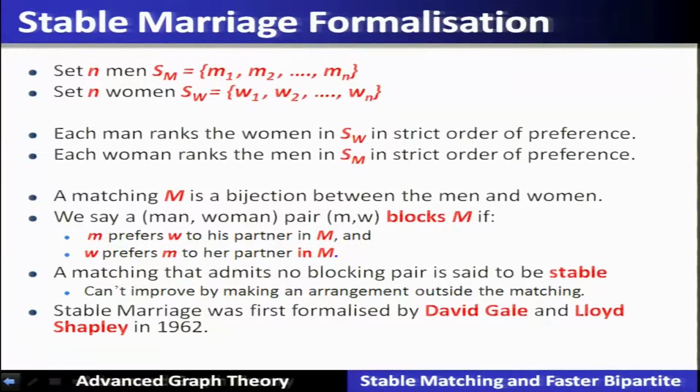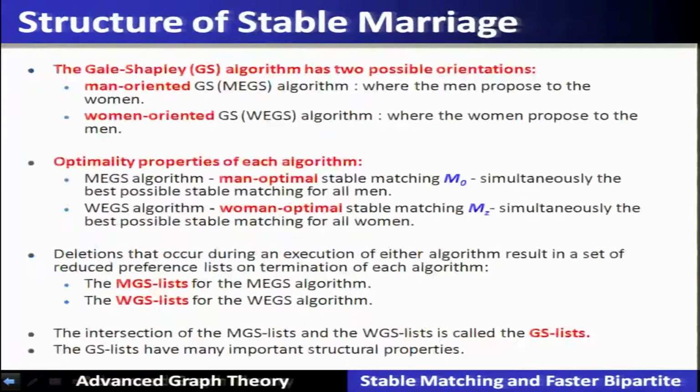So, man M prefers woman W to his partner in the matching M, W prefers M to her partner in matching M. A matching that admits no blocking pair is said to be stable. Gale-Shapley stable marriage was first formalized by Gale and Shapley in 1962.